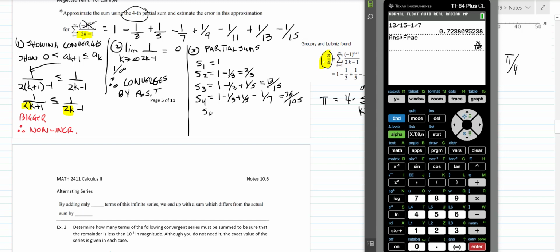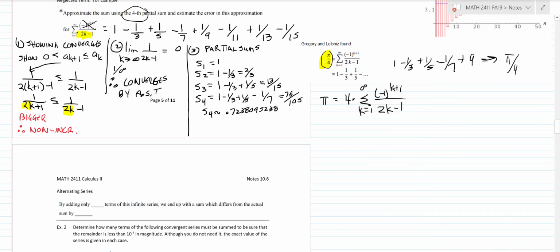On S of 4, I'm going to write out the decimal. That's 0.7238095238, and so forth. So we have that to begin with. You can use your calculator to find the partial sums to save yourself time. You don't have to do all that arithmetic in this class.